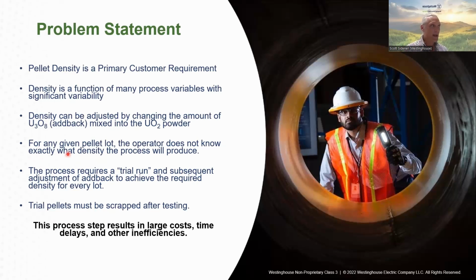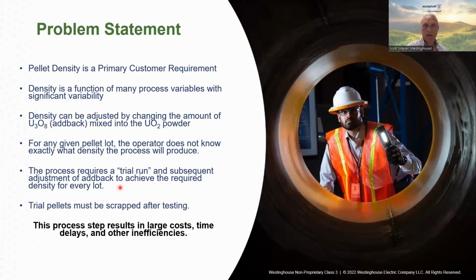To get around that, they had an entire manufacturing process step that runs what we would call a trial run. They set the add back to a specific, nominal value and generate a number of pellets in a trial run, and then take the finished pellets after sintering, which could be many hours of processing, and send them to our internal laboratory to measure the density to find out what the end result was for that lot.